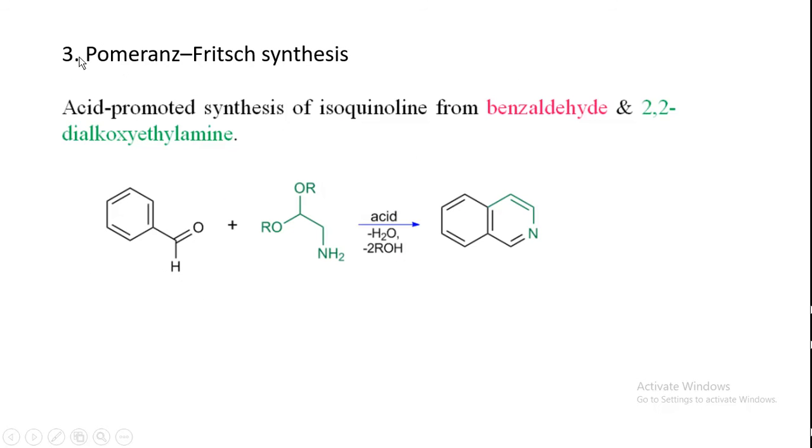Next, the Pomeranz-Fritsch synthesis. It is an acid promoted synthesis of isoquinoline from benzaldehyde and 2,2-dialkoxy ethylamine.